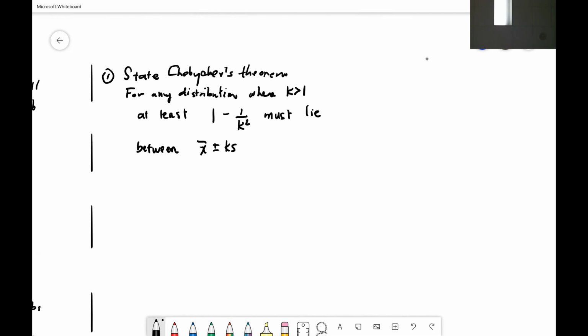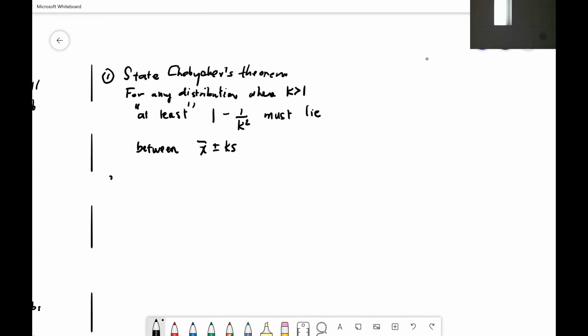The word at least here is important because if you don't say at least, a lot of us want to say, oh, about 75% when k equals 2, let's say. That's not how it is. You could have all your data lie there, it could be all of it, because it's at least 75%. So we know for k equals 1, you put it in here and you get 0.